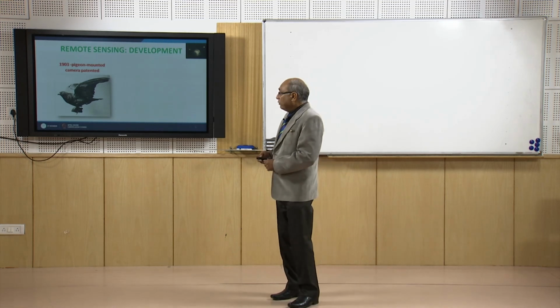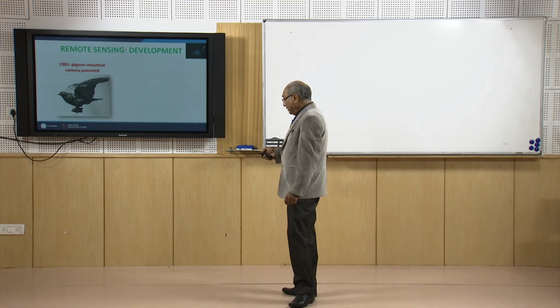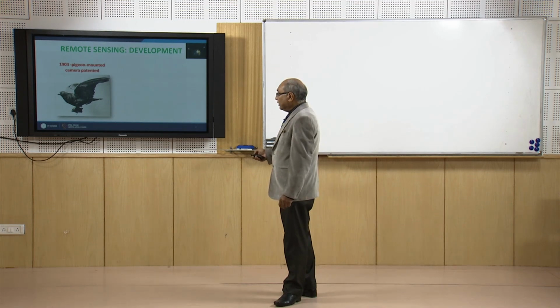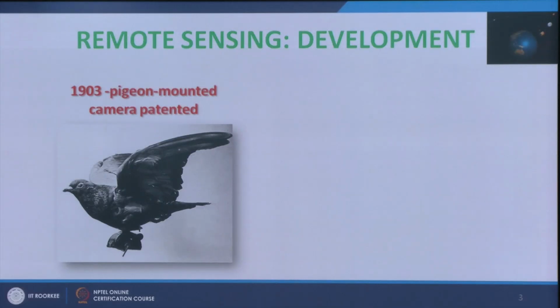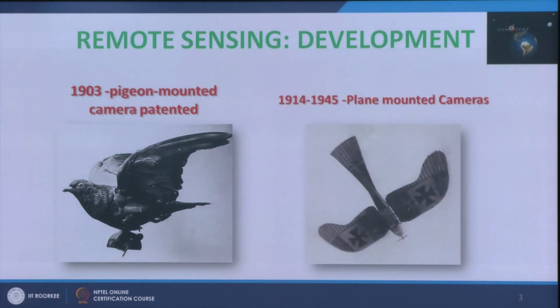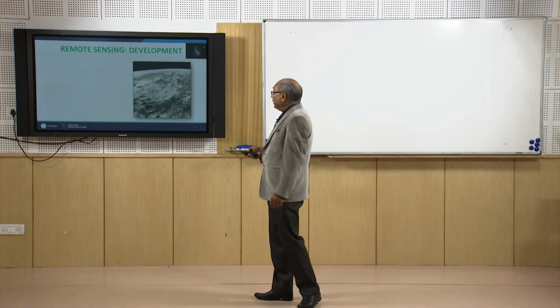But before that also, people put cameras on kites and flew them. In 1903 this kind of experiment was done. Later on, plane mounted cameras were also used in 1945 when World War II was going on.